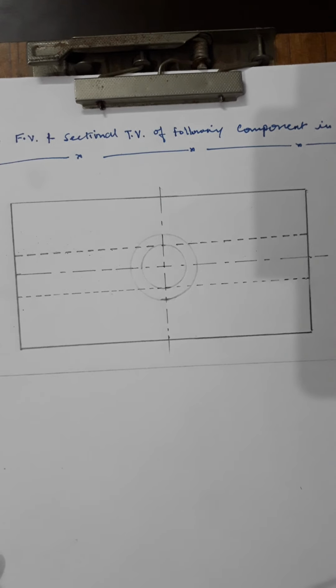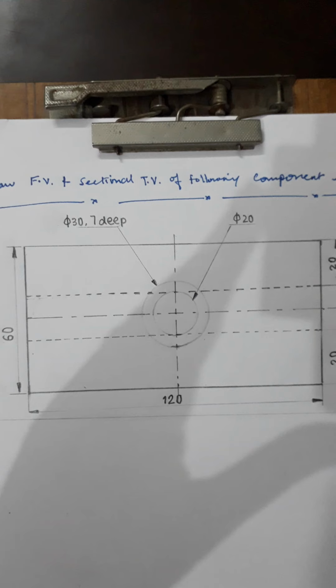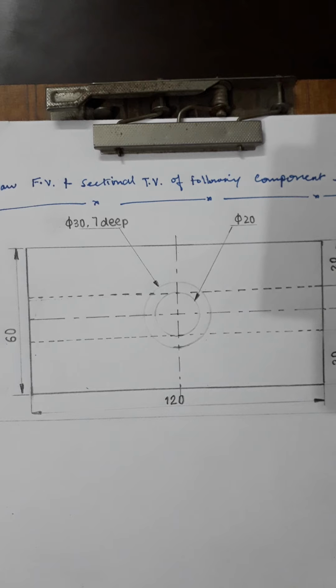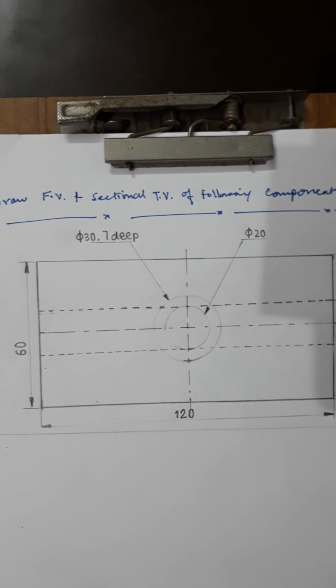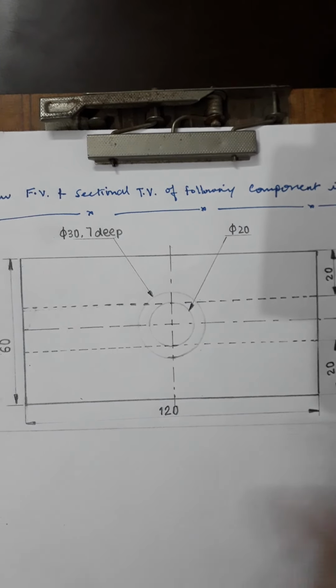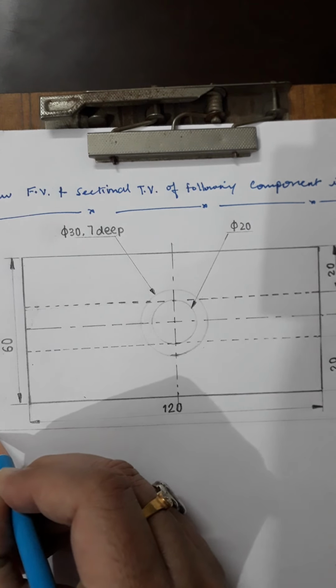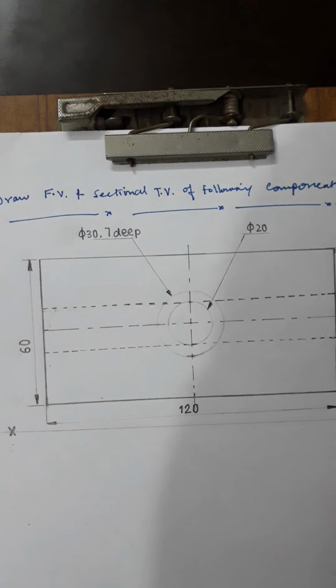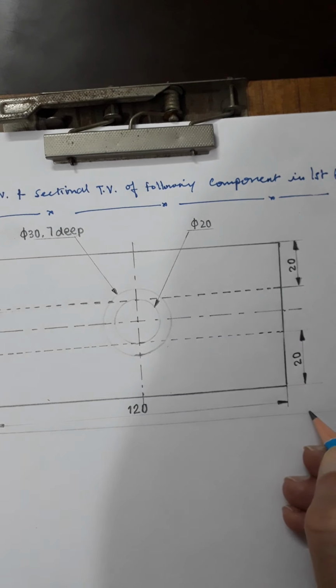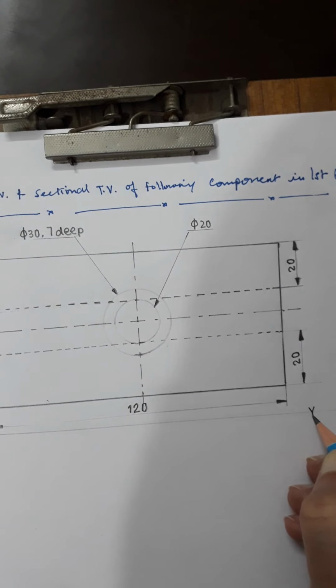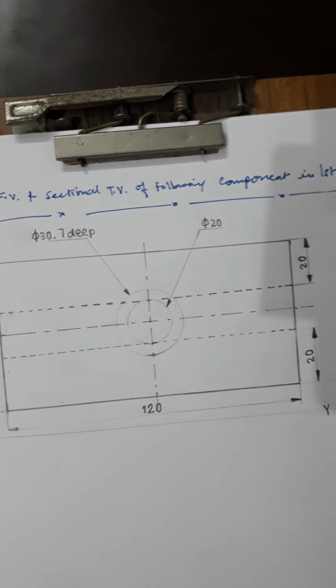Now the only thing you need to do is the dimensioning. I have done the dimensioning as per the aligned system. Of course, you can add x and y, and y on the other side. So this is the front view of this.